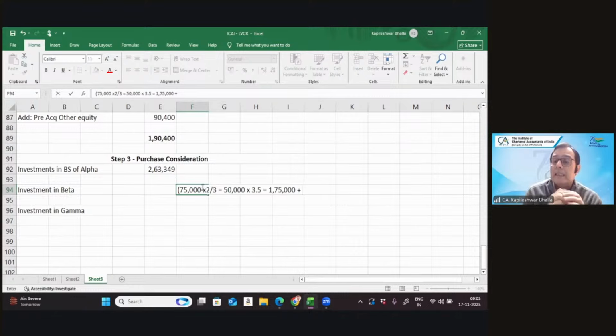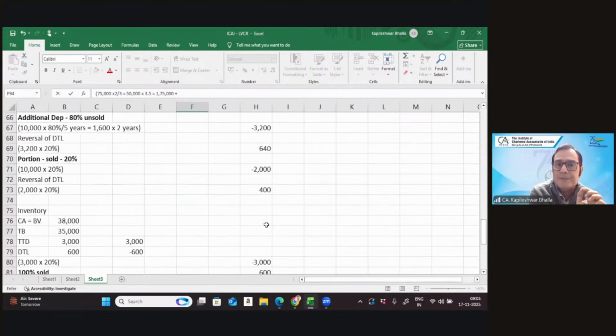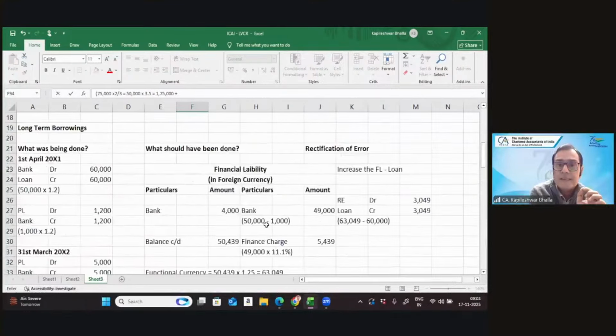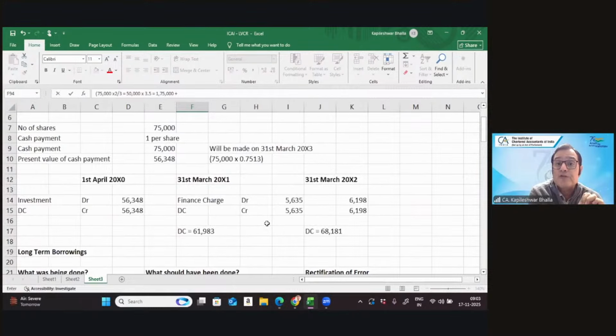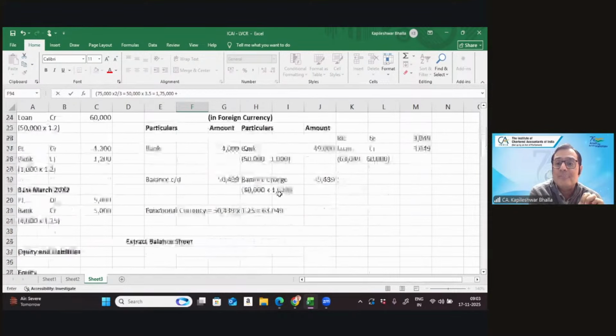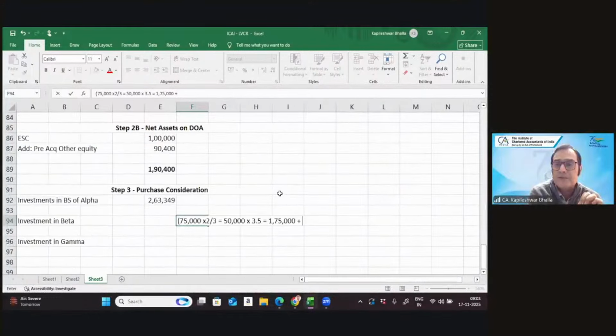Plus, I'm also given in this particular case that there is also a DC. So what was the DC? I think we calculated it earlier. If you go back, the DC which we had calculated was to the extent of 56,348. That would be a part of the investment.